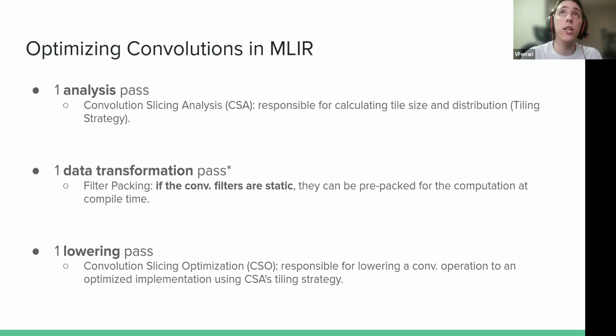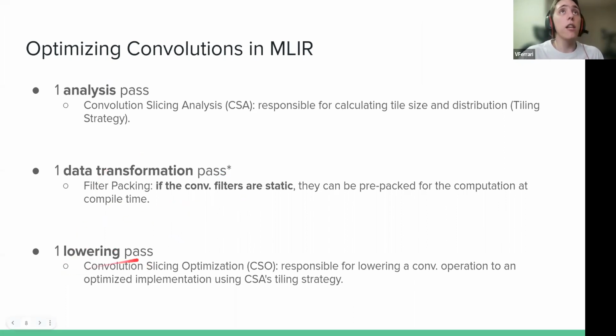A lot of machine learning frameworks, when they are compiling for model inference, have static filters that are available at compile time, so we can do this data transformation pass. But depending on your use case, it might not be. So this is an asterisk, because if the filters are not static, then you just don't do this pass, and you pack the filters at execution time.